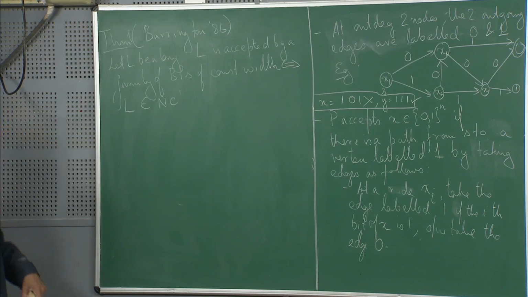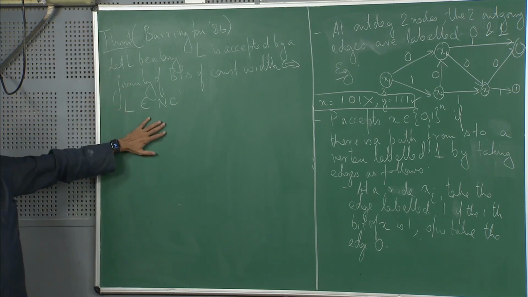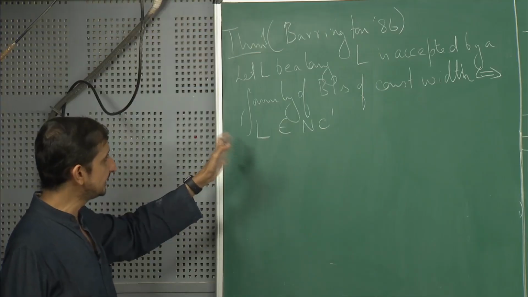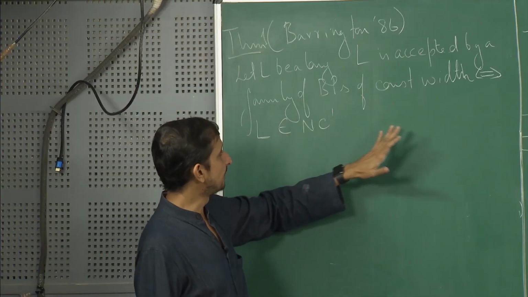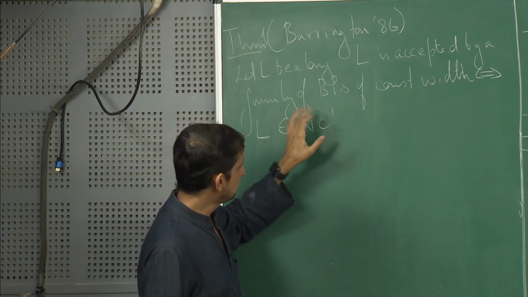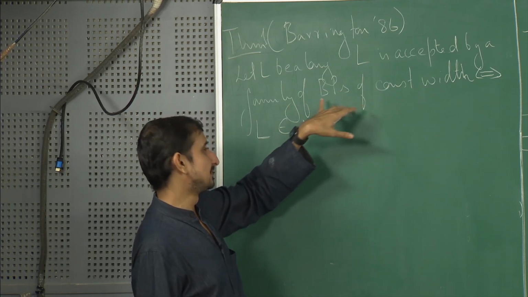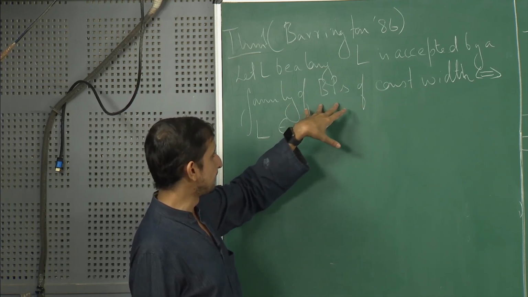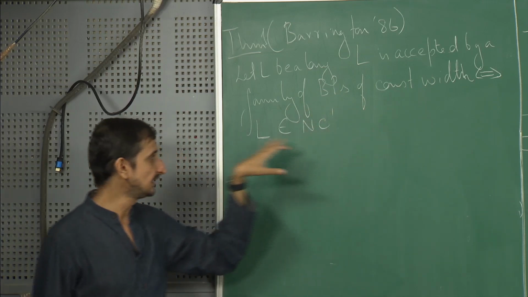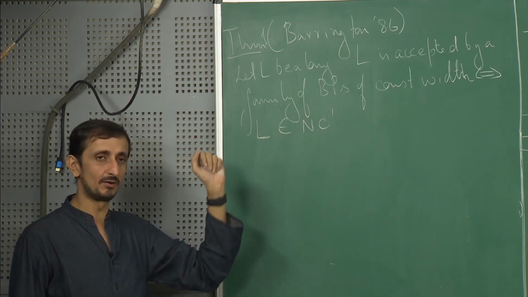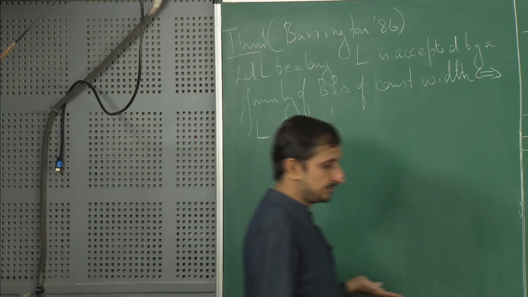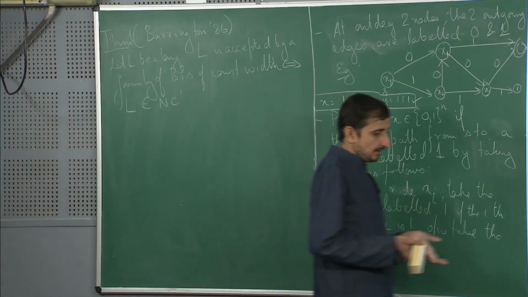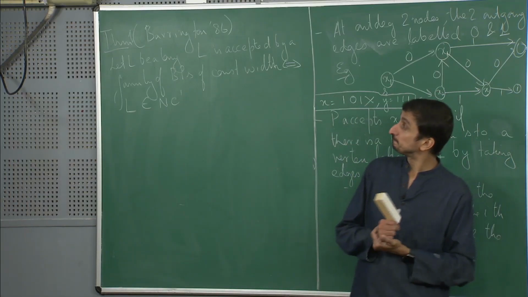Of course, the forward direction is not very difficult to see: if L is accepted by a family of constant width branching programs, then L is in NC1. It can be shown as follows.